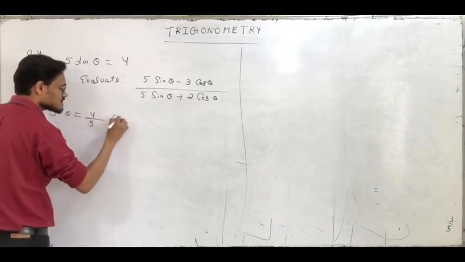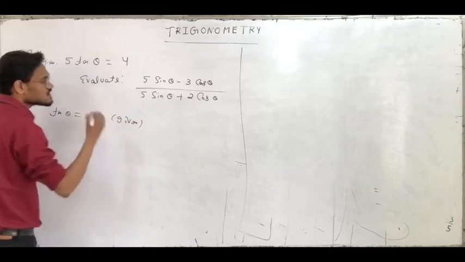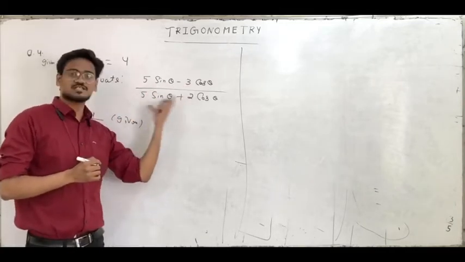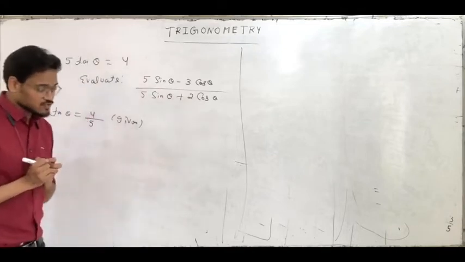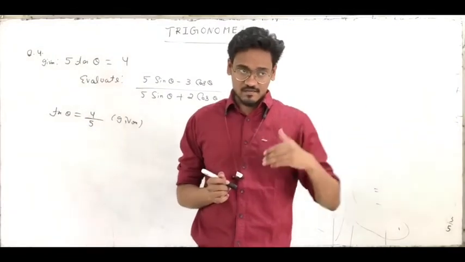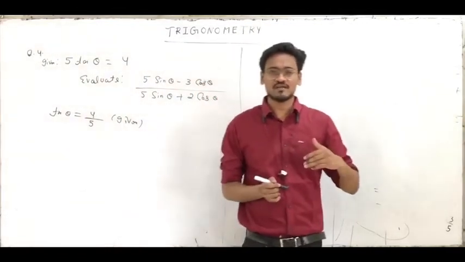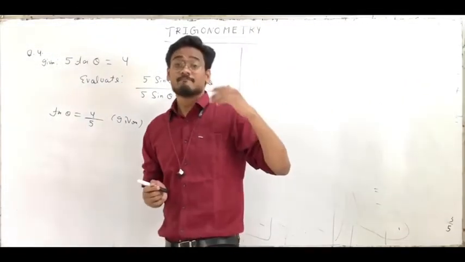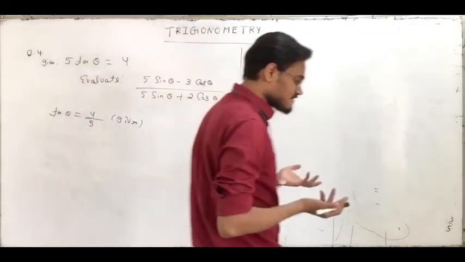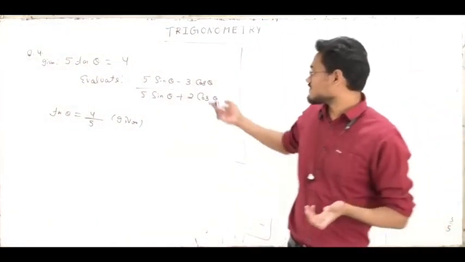See students, this complete is a fraction now. This complete is numerator and this complete is denominator. And we know we can divide the numerator and denominator by the same number. Also we can multiply the numerator and denominator by the same number. It won't make any difference to the fraction.